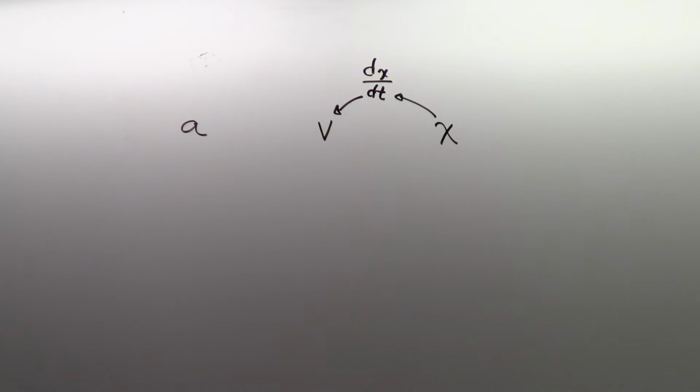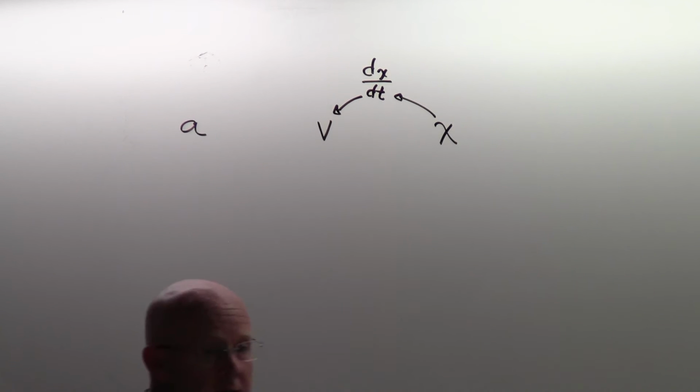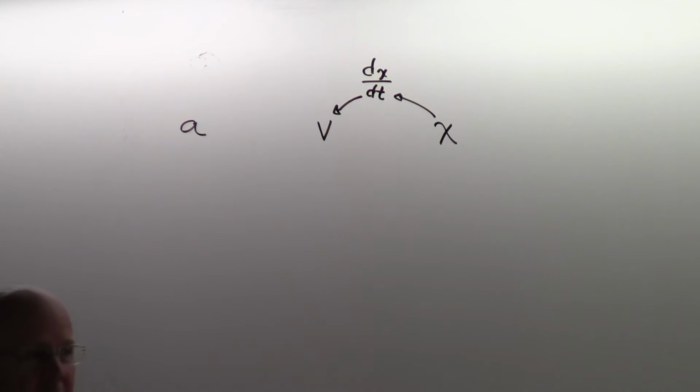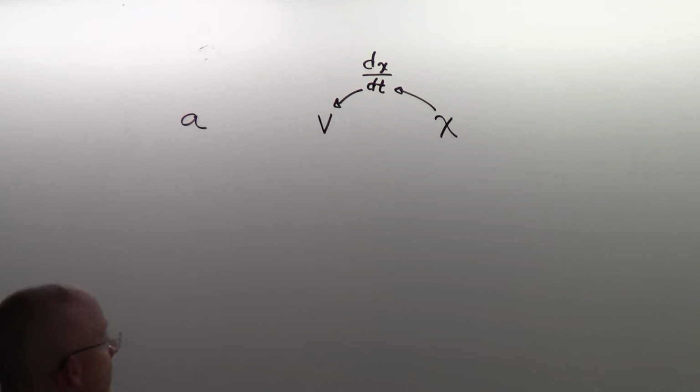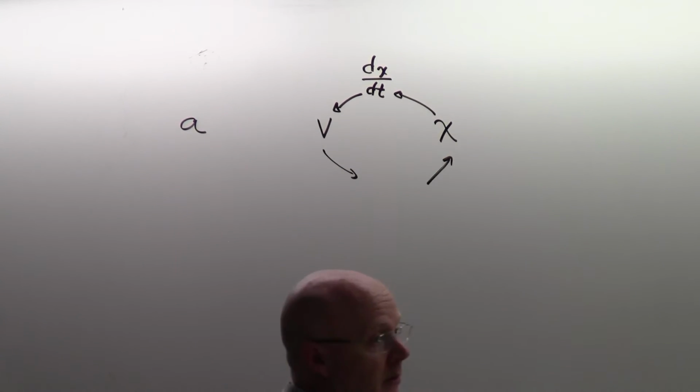Velocity is saying, at what rate am I changing my position? And so what I'm trying to get across to you is, if you know position, couldn't you get velocity? Let's try the other way around. What if you know velocity?